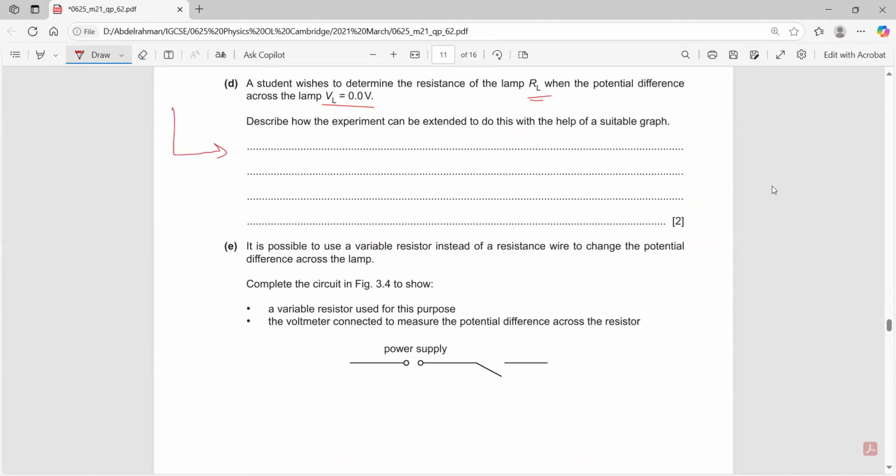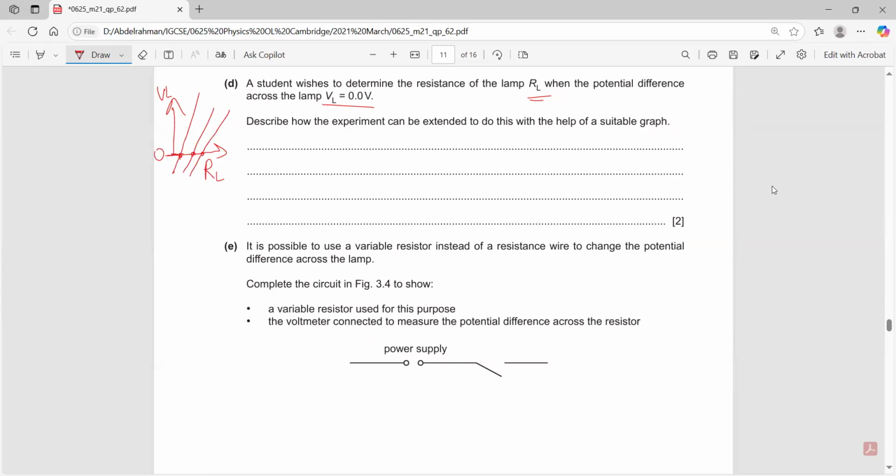If you draw a graph of RL and VL, where is VL equal to 0? VL would be equal to 0 here. So wherever the line meets the RL axis, this would be the value of the resistance when the voltage is equal to 0.